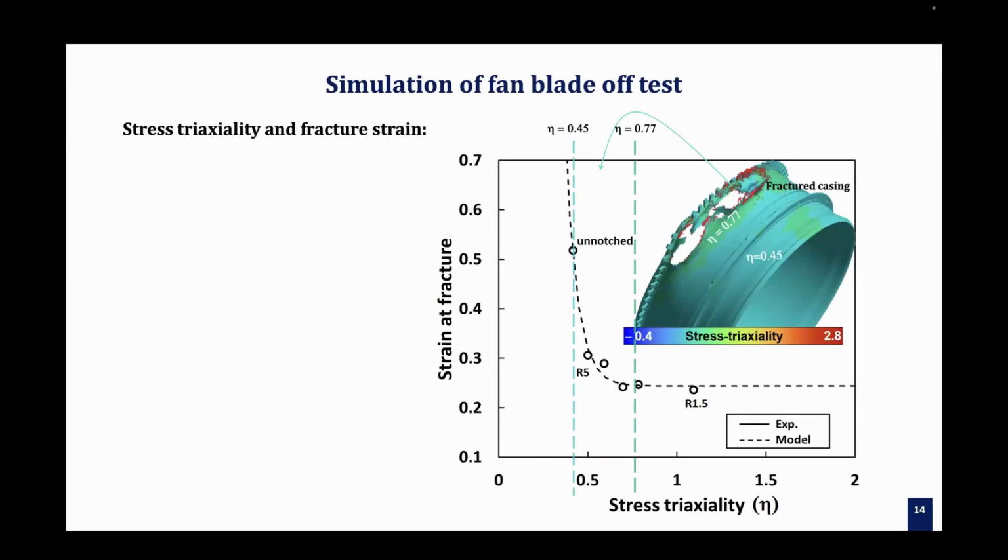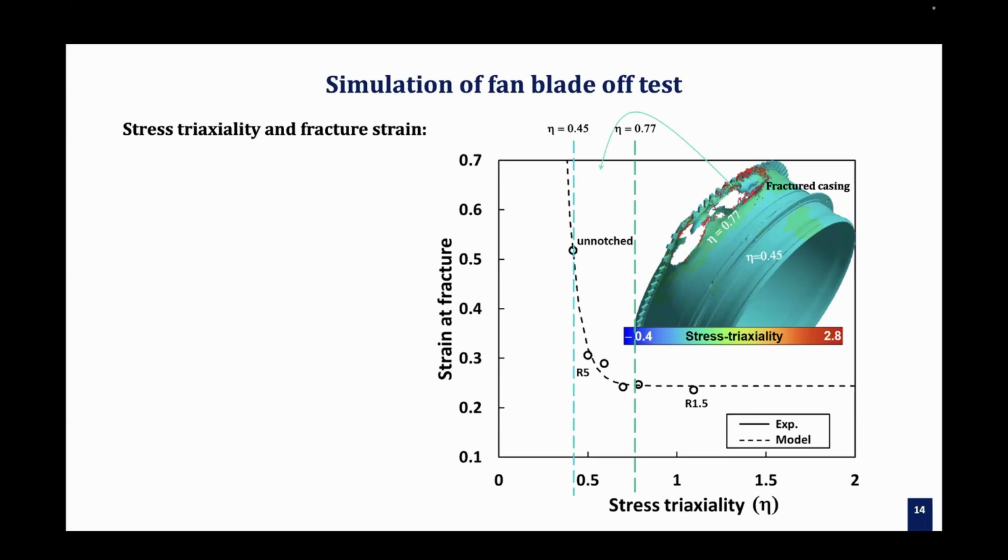We compare now the identification of the Johnson-Cook model with the prediction. When we look at the predictions, we can extract from the software the triaxiality values on different areas. The values are around 0.77 and 0.45, so we are more or less in this triaxiality range.